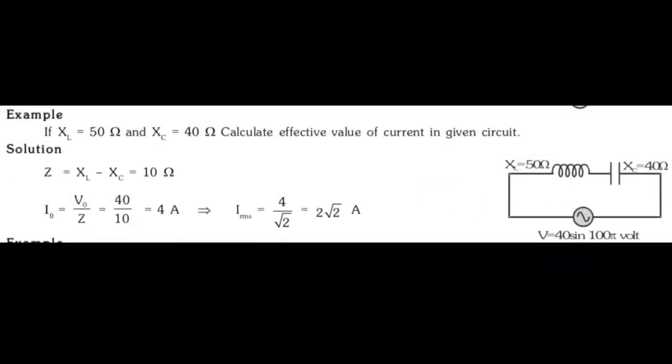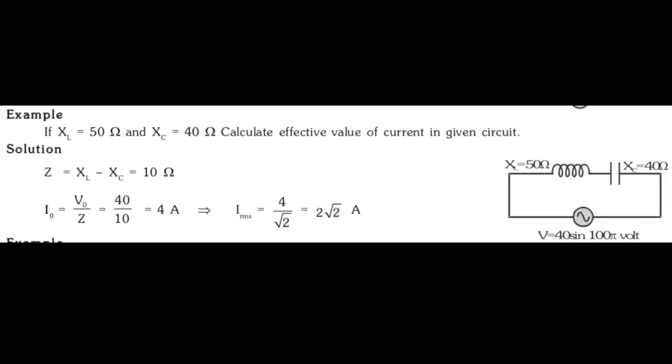In this question you can see a circuit with inductance and capacitance, so basically we are going to concentrate on an LC circuit. After watching this video about this question, you can see the video about the LC working. In this question, if XL equals 50 ohm and XC equals 40 ohm, calculate the effective value of current in the given circuit.